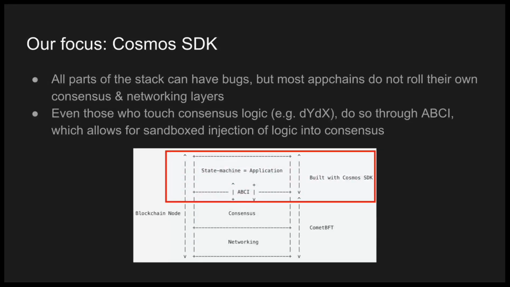And as of quite recently, a new version of the Cosmos SDK went live that also lets the application layer poke into the consensus layer. This is extremely powerful. It lets you do things like have in-protocol oracles, which solves many issues for perp protocols, for instance.